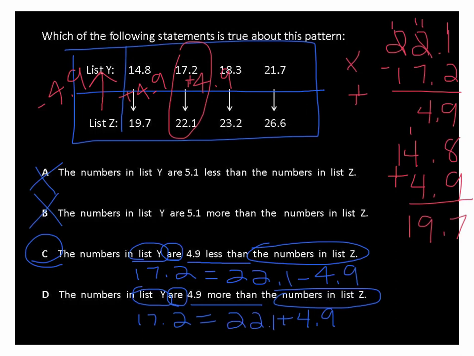So is that true? Well, no, clearly not. We can't have a smaller sum over here than the two numbers that are our add-ins. So we know that our correct answer is choice C.